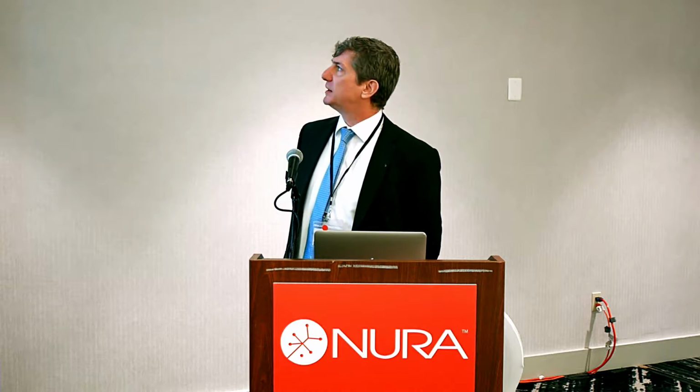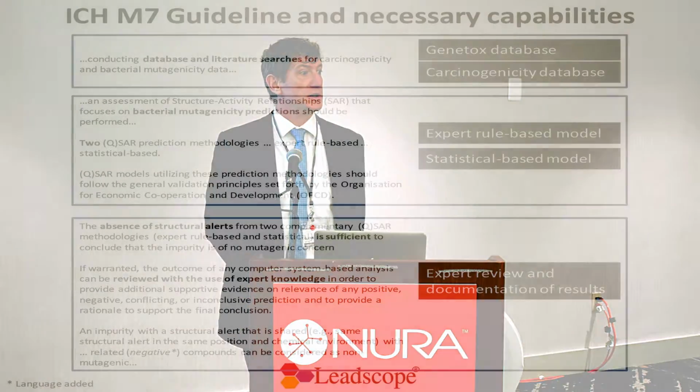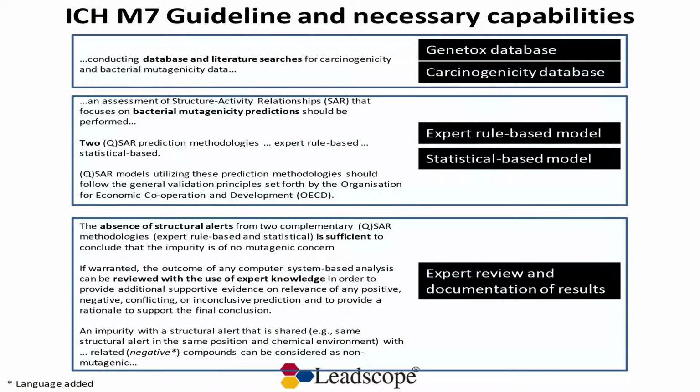It says that the first step in the process is, if you have any bacterial mutation data, or if you've got any carcinogenicity data, then you should use that information. Again, this guideline is focused just on impurities in pharmaceuticals.